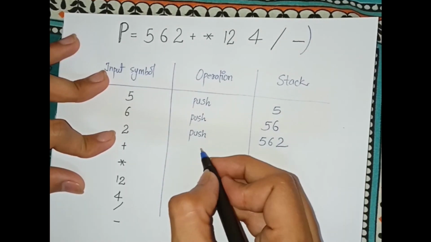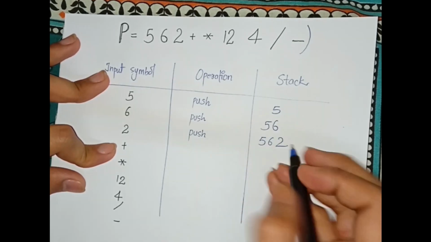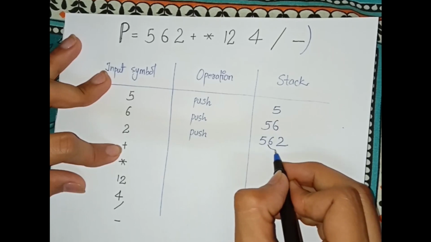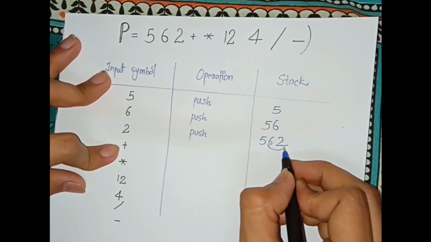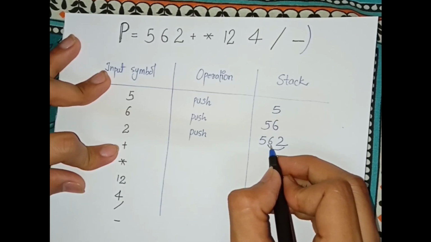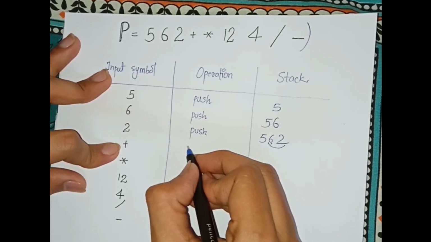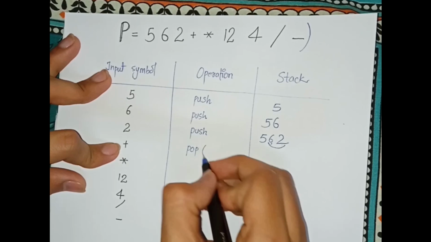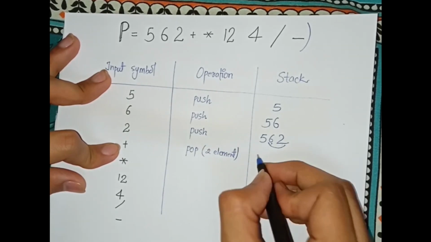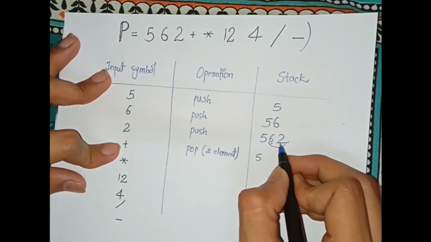Now it is an operator. The very simple rule for an operator is to perform its operation on the last two elements of the stack, where this will be the first and this will be the second. So the first operator is plus, right? Pop. We are performing it for 2 elements, so we will write that here, and then perform 6 plus 2, which is 8.